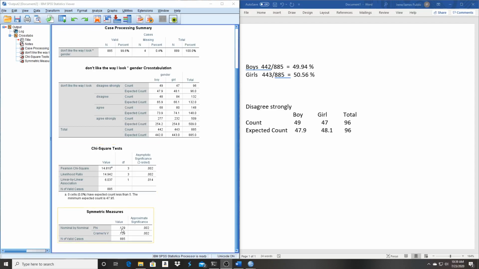So this is actually pretty weak. 0.1 is pretty weak, 0.8, 0.9, and then a 1 would be very strong. So a phi value of 0.129, I would say it's kind of weak, between weak and modest. It was very weak.